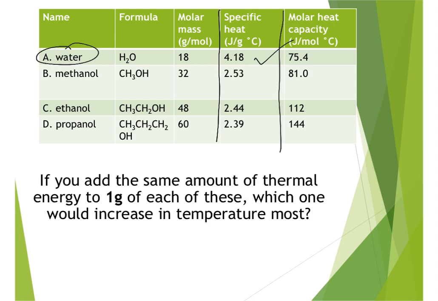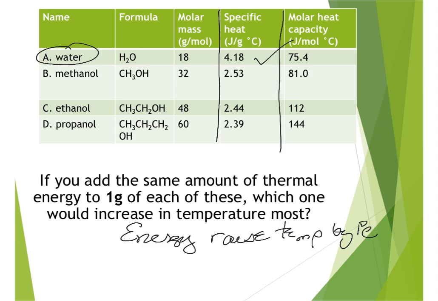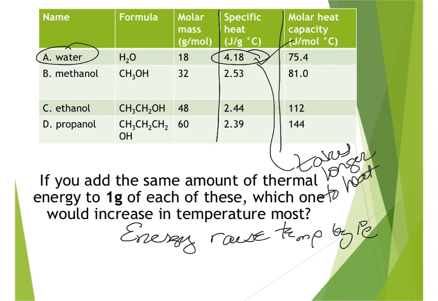So what exactly does that mean? Let's think of the definition again. Specific heat capacity is the energy it takes to raise temperature by 1 degree. So if you have a high specific heat capacity, that means it takes longer to heat it up, right? So what has a lower heat capacity?